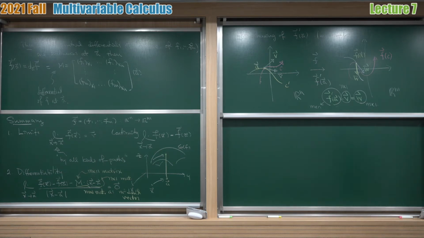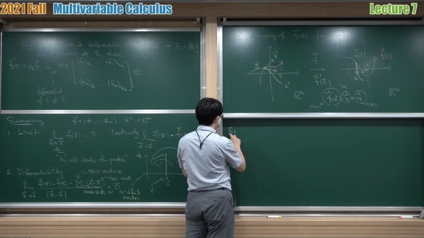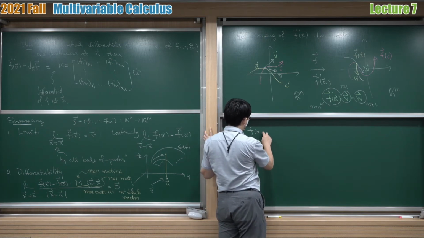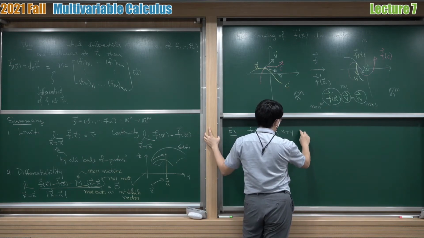So the application is simple, but let me just give an easy example, just a made-up example. Let's say I have a function f that takes (x, y) to (x plus y, x minus y).